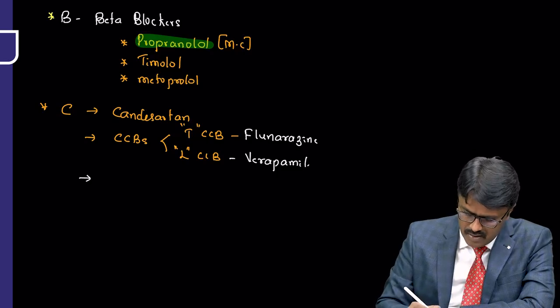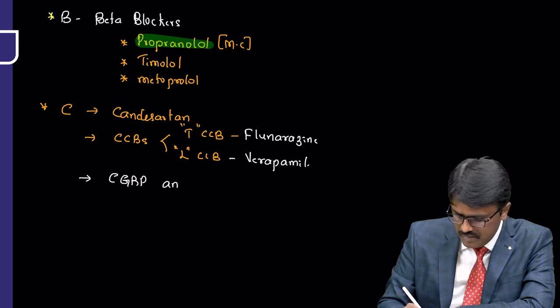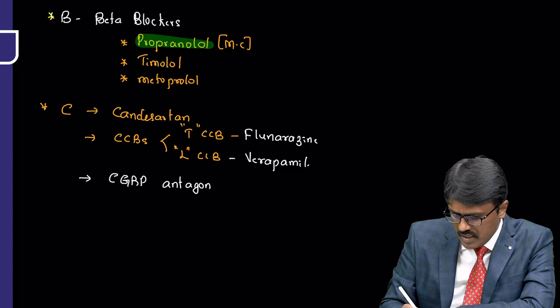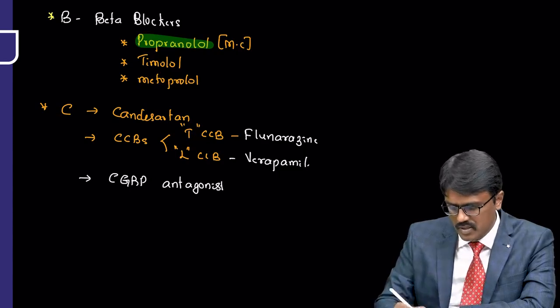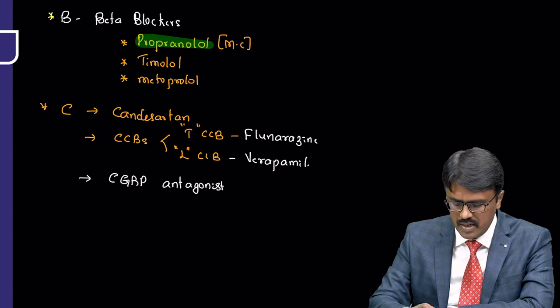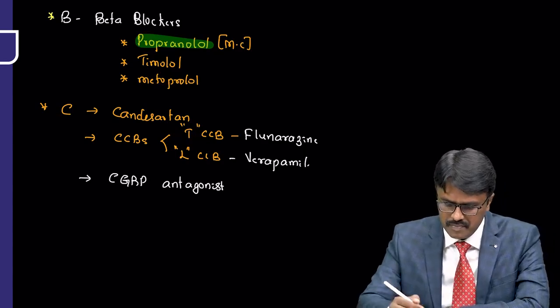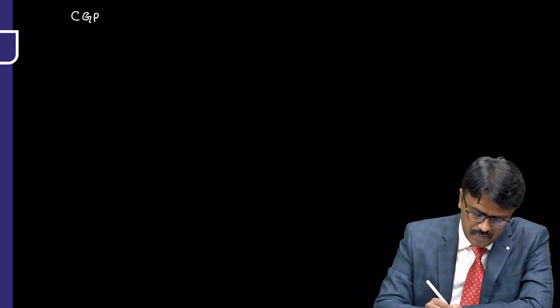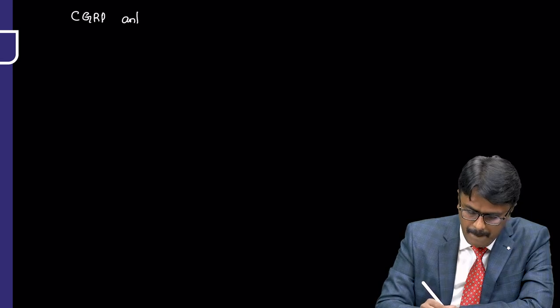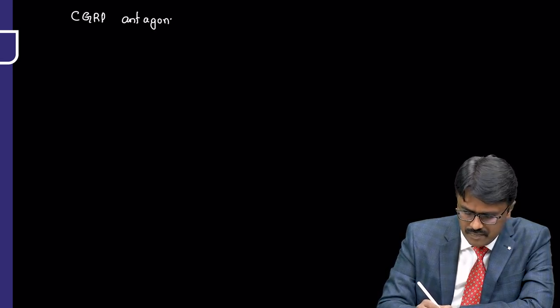One more C is CGRP antagonist. What are the drugs which are called the CGRP antagonists? So let me take one more slide and tell you this. CGRP antagonist.